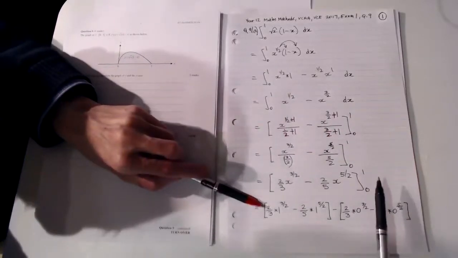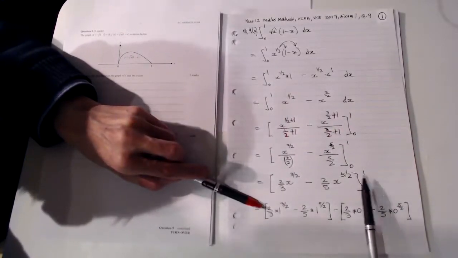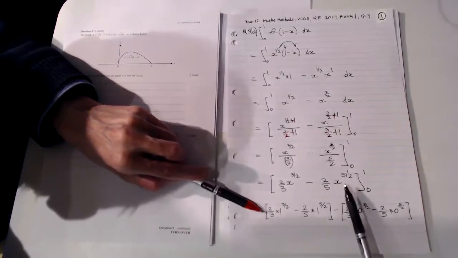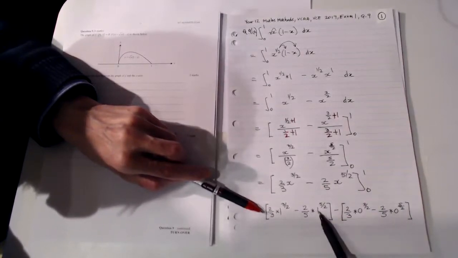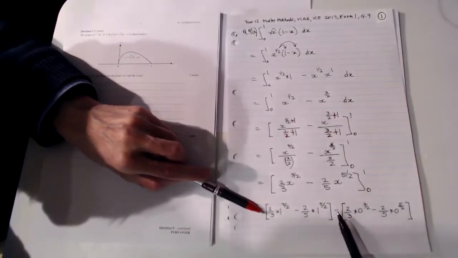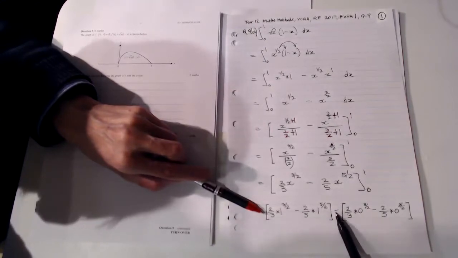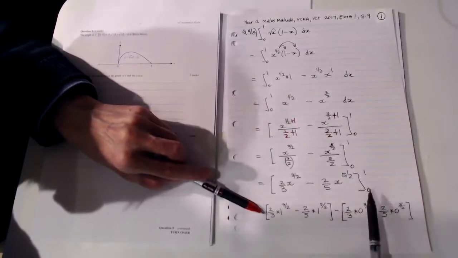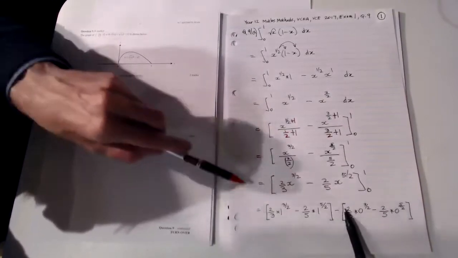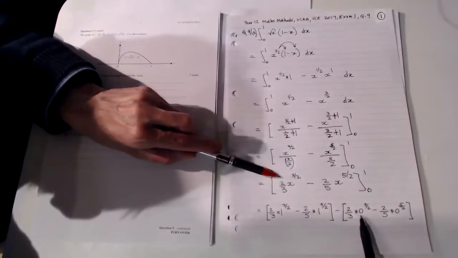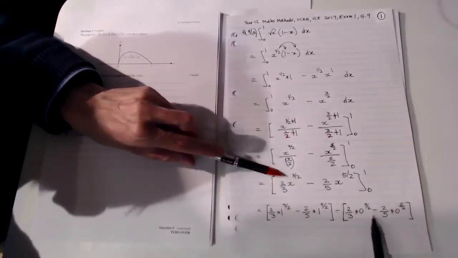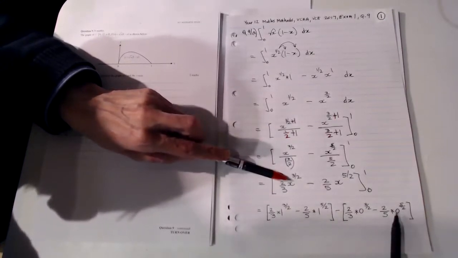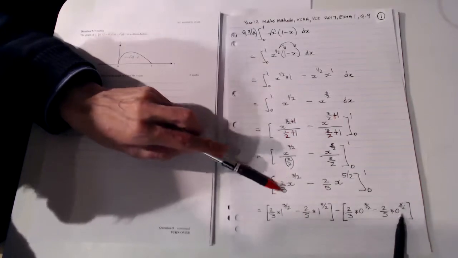Then we put in x equals 1 here. Then we put in minus, as we normally do in the middle of these integration questions, and then we put in x equals 0, and that comes out to 2/3 times 0 to the power of 3 on 2 minus 2/5 times 0 to the power of 5 on 2.